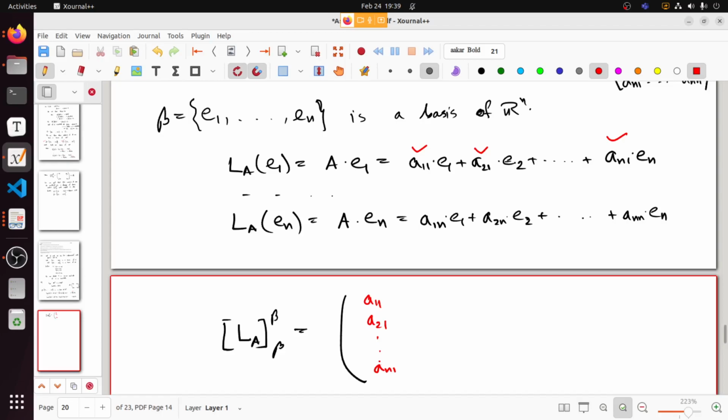It will be A12, A22, ..., An2. Similarly, the last column will be A1n, A2n, ..., Ann, right? So this is the matrix we have got.